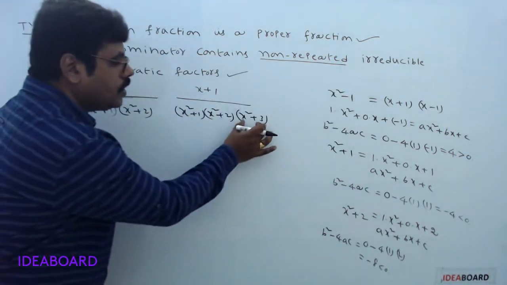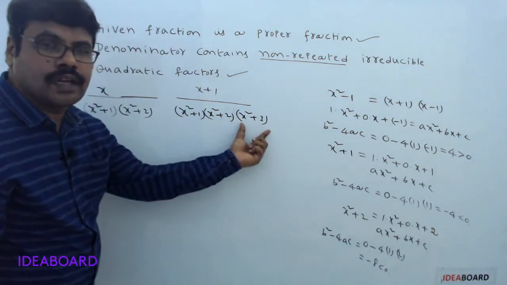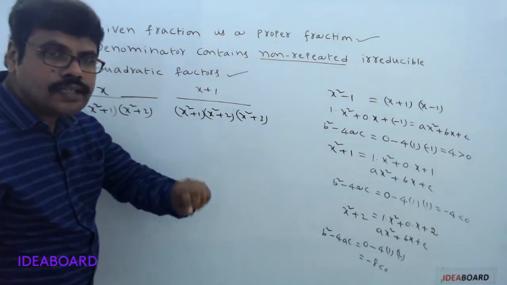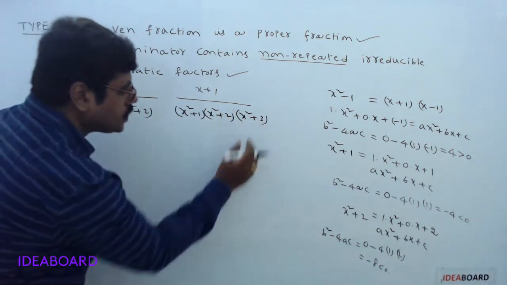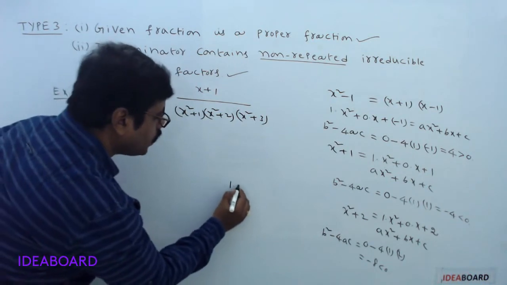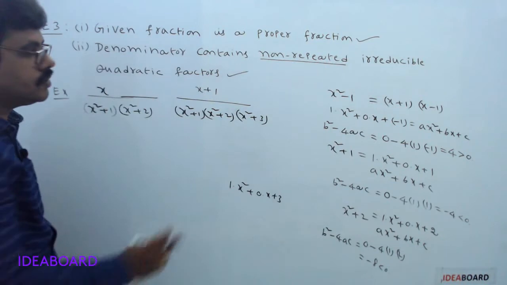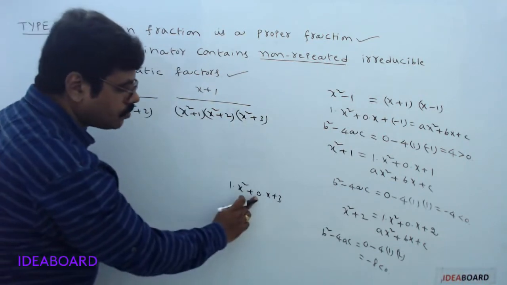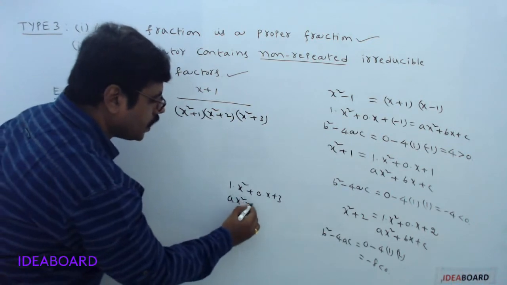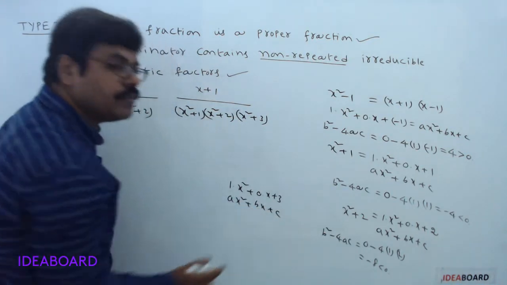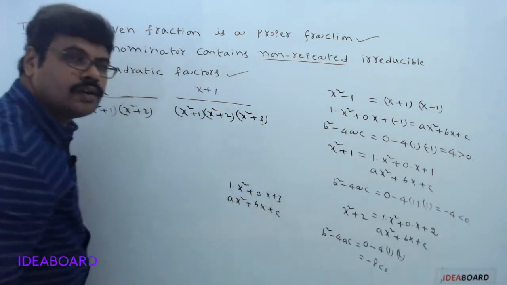Now come to the third one, x square plus 3. Basically it is a second degree expression. First find its discriminant value. This can be taken as 1 into x square plus 0 into x plus 3. Here the x term is not there, so I am writing 0 into x. Clearly it is in the form ax square plus bx plus c, with a value 1, b value 0, c value 3.